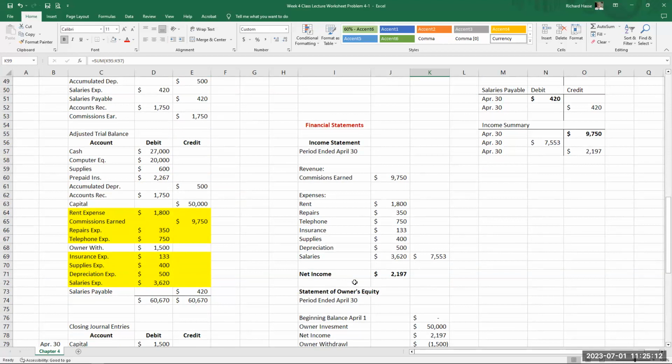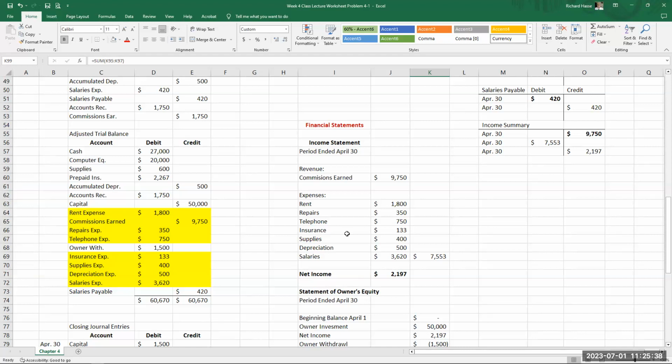All the other accounts move forward into the month of May. Asset accounts, cash, equipment, supplies, prepaid, accumulated depreciation, accounts receivable, liability accounts, salaries payable, capital accounts. They all move forward into the next cycle, but all the temporary accounts are closed.